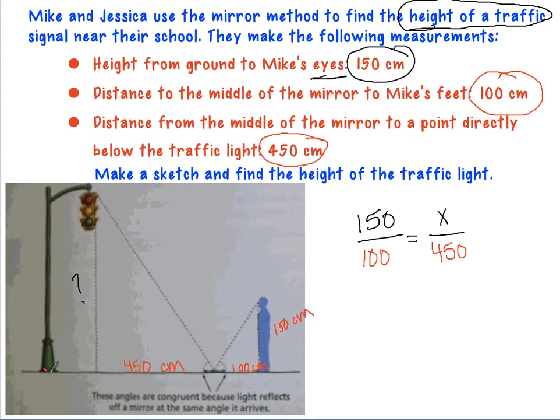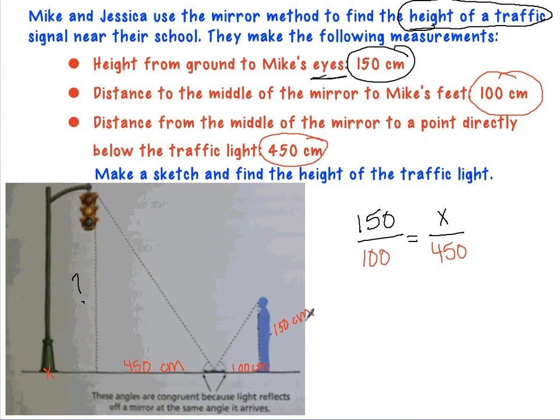Now in this case, we didn't measure to here because we want the height of the traffic light, not the pole. So you have to make a straight line down from where the traffic light is and then measure over. So again, is this going to be an exact measurement? No, but it's going to give us a pretty good idea of what the measurement is.